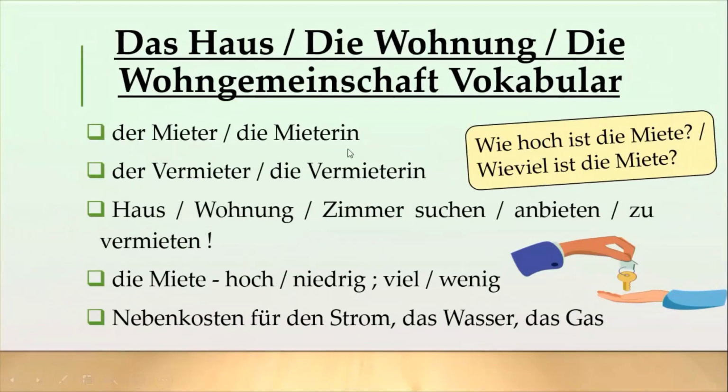Now let's have a look at some general vocabulary related to these types of accommodation. So there is der Mieter, who is the male tenant, or die Mieterin, the female tenant.